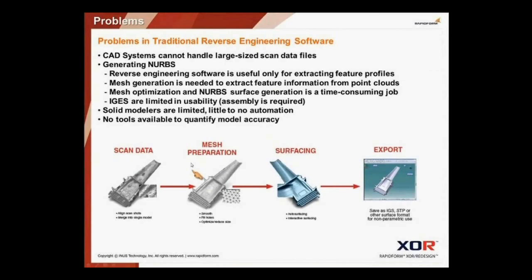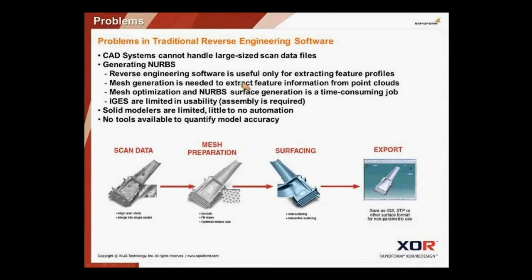Actually, the traditional reverse engineering software had some problems in the past. When you have a CAD system and you need scan data in the CAD system, the CAD kernel cannot handle very much point data, large-size scan data files. Next, if you generate a NURBS surface, it is not very easy to handle in the CAD software, because you can only extract some shape and you cannot modify it later.